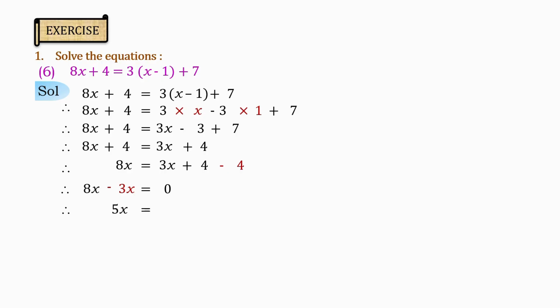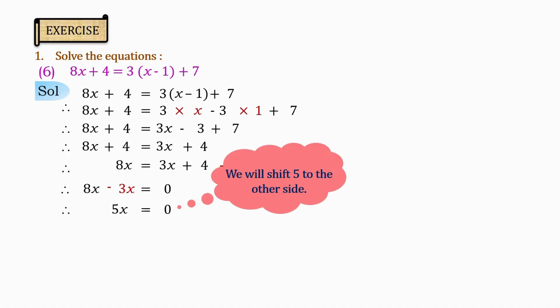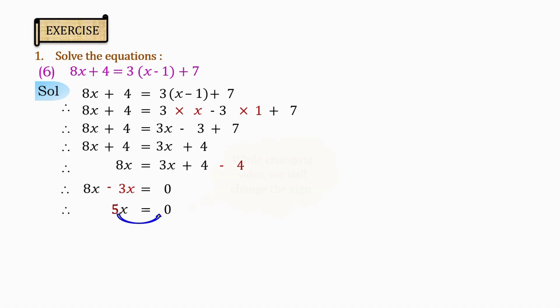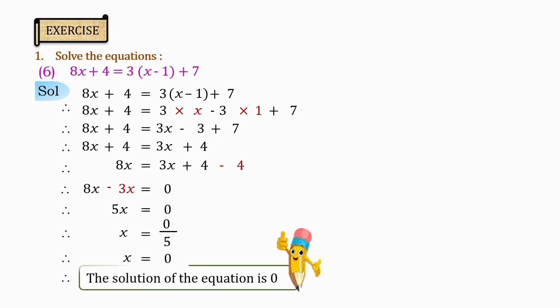So what we got is 5x equal to 0. Now 5 will be shifted to the other side and it is 0 divided by 5, which is 0 only. So therefore the solution of the equation is 0 in this case.